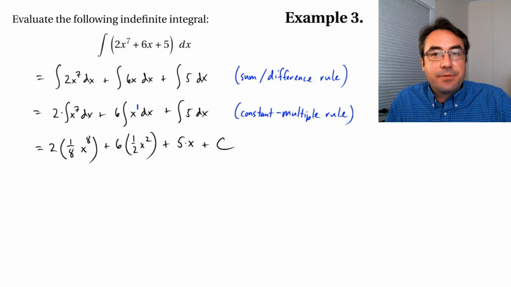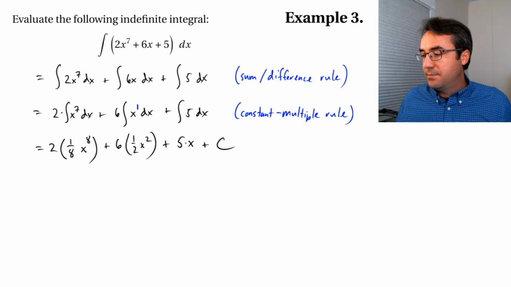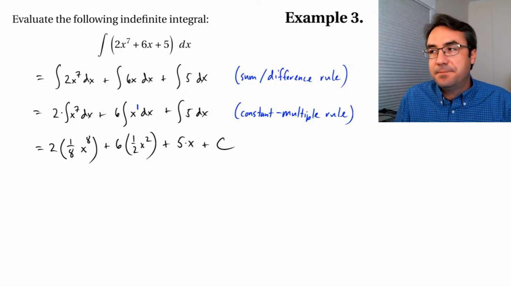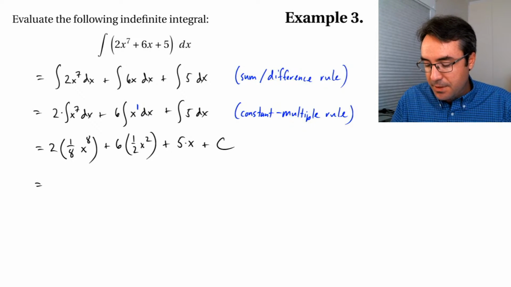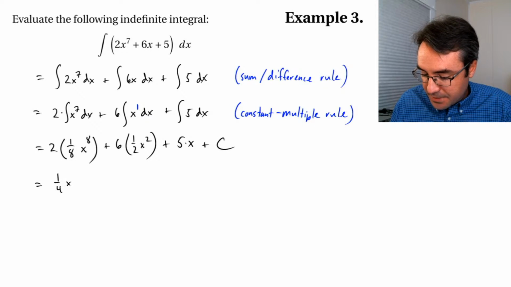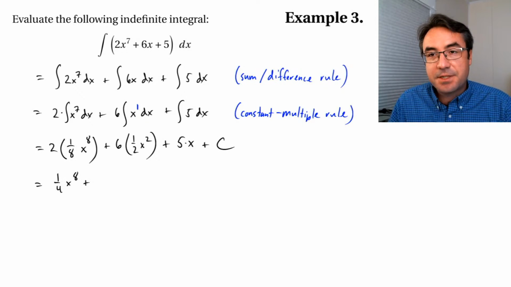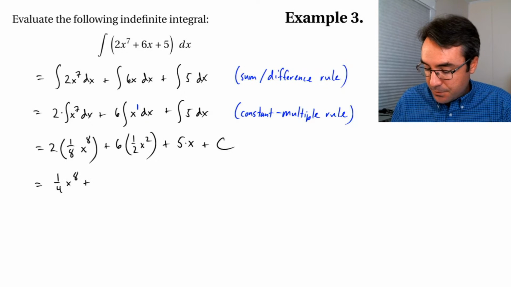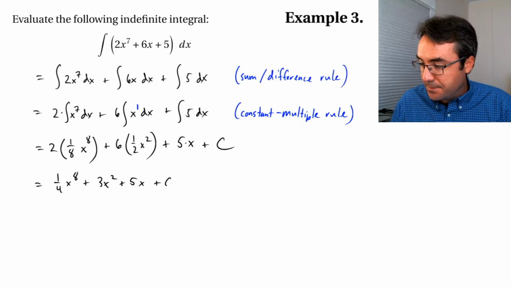So there's our antiderivative. And we might want to simplify it down a little bit. So 2 times 1 over 8 is 1/4 x to the 8. 6 times 1/2 is 3, so 3x squared plus 5x plus c.